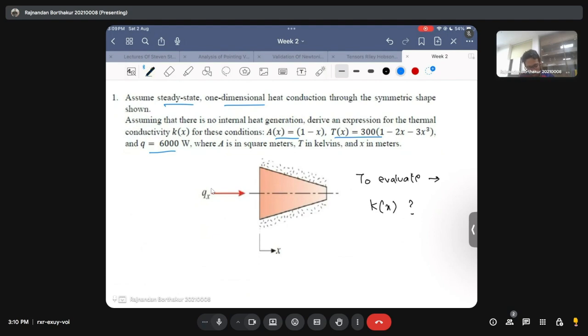As I said, the first and foremost thing we will do is analyze these heat transfer problems by building a control volume. That is the first step, before proceeding to calculate what exactly the thermal conductivity will be.